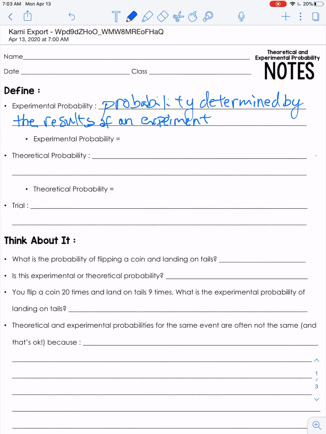So it is the number of successes over the number of trials. So you're going to do a series of experiments to find your experimental probability.